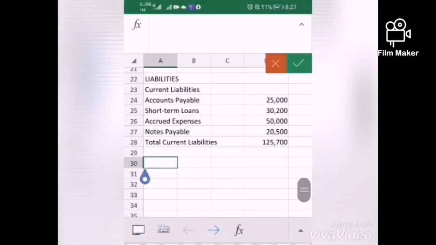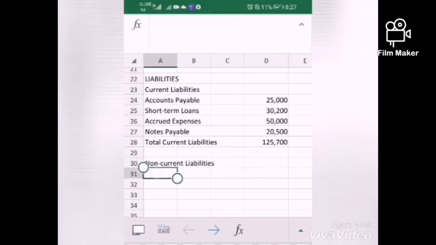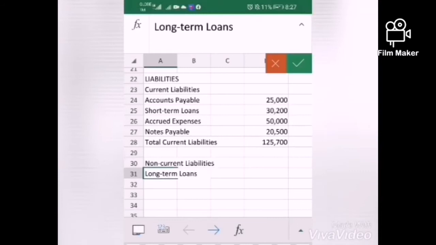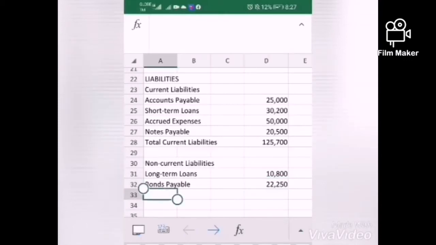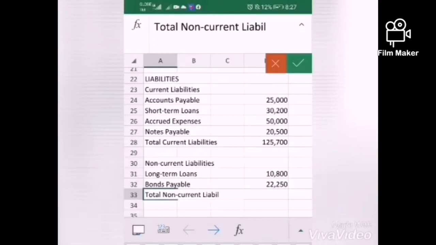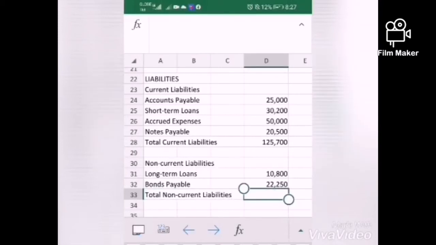followed by our non-current liabilities. These are long-term loans, 10,800, bonds payable, 22,250, and it gives us a total non-current liabilities of 33,050.